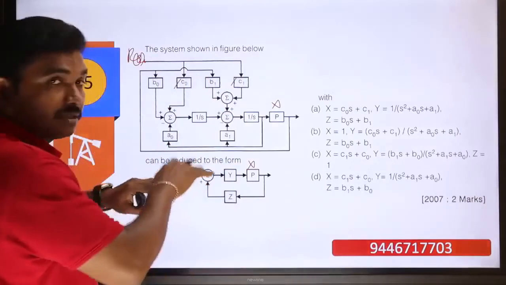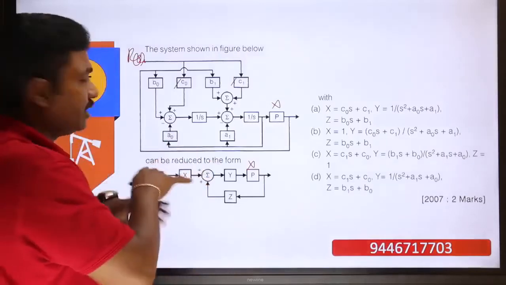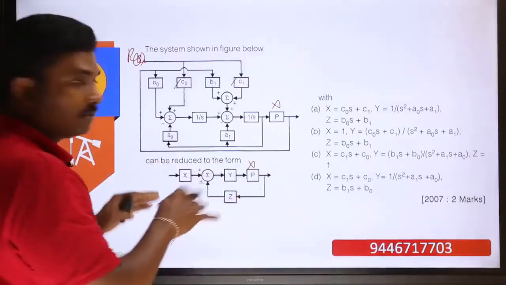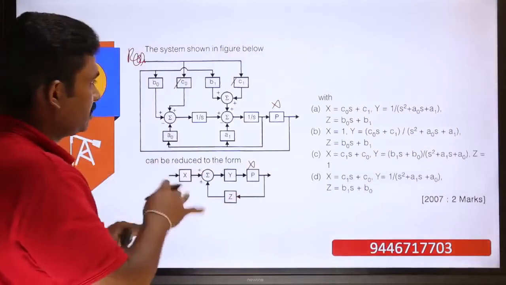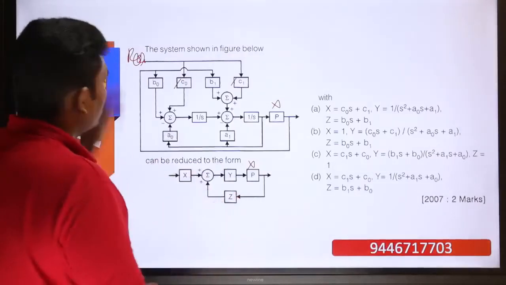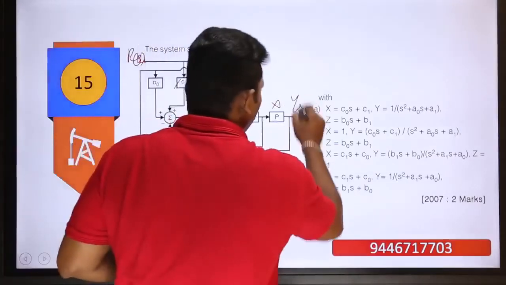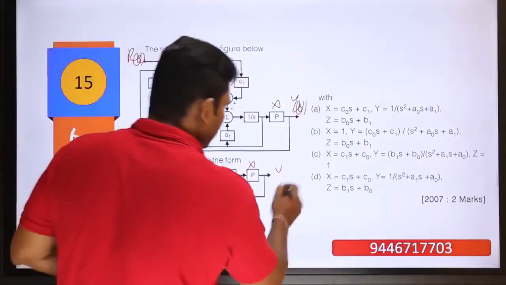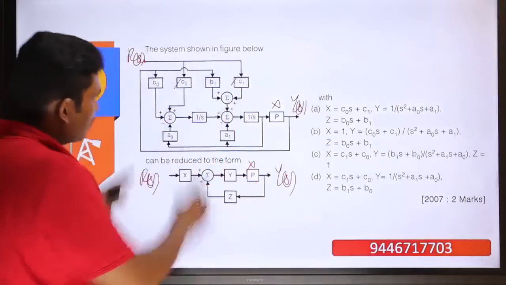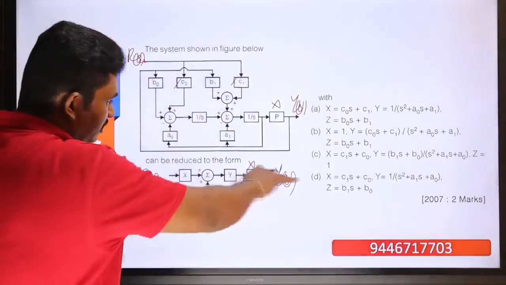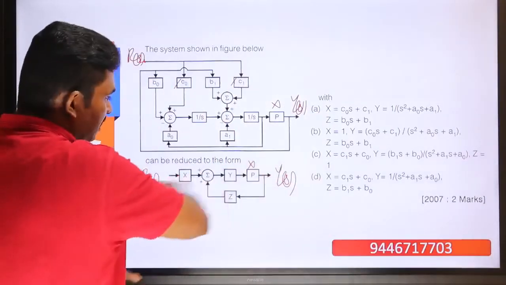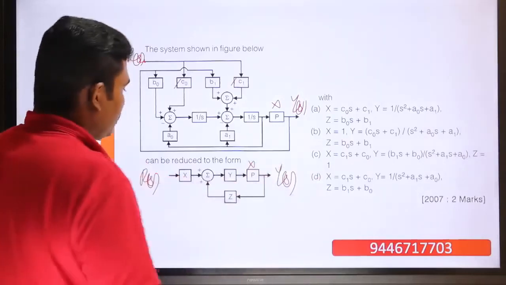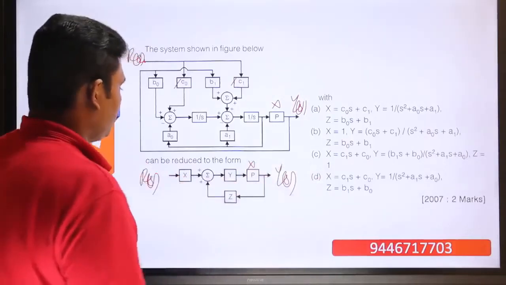So we will have to make this block diagram into a linear fashion. It will be more suiting the way that we reduce a block diagram. So this is our R of S, and ultimately this will be our Y of S. We are going to redraw this block diagram into this linear form, like we will be getting a straightforward gain path. Okay.